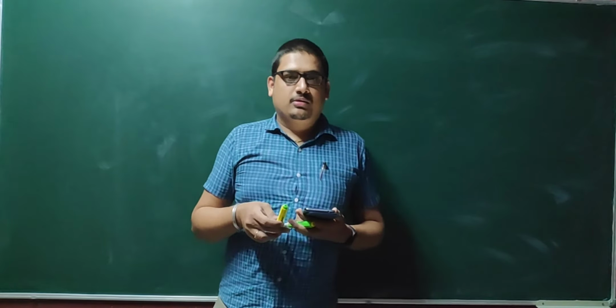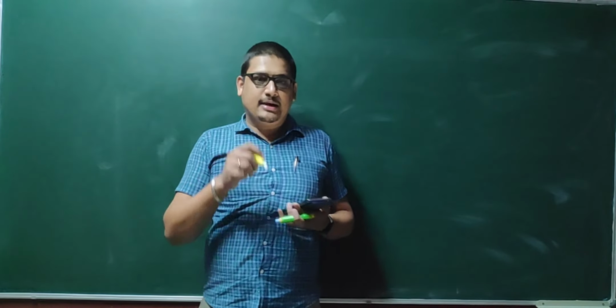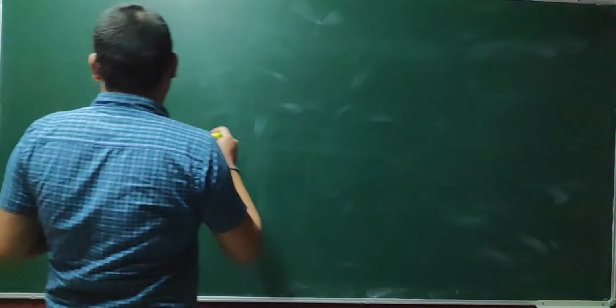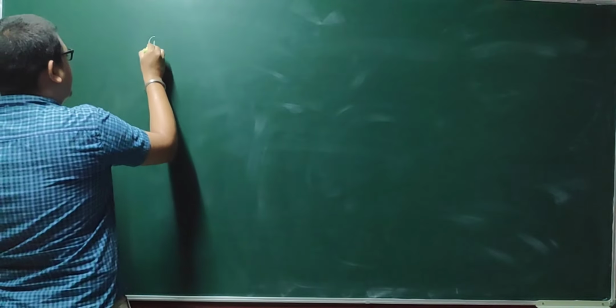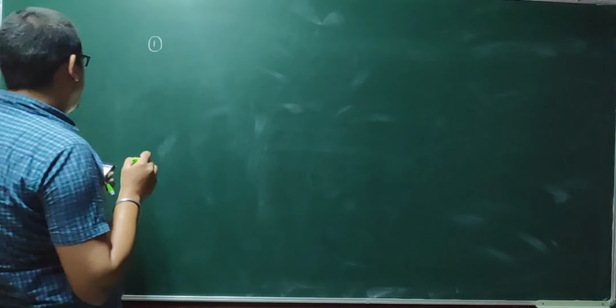So now let's discuss some of the facts about irrational numbers. So what is a fact? You studied these facts in 9th standard. Please try to recollect when I write it on the board.